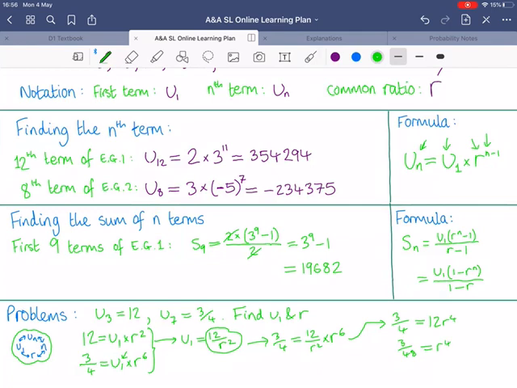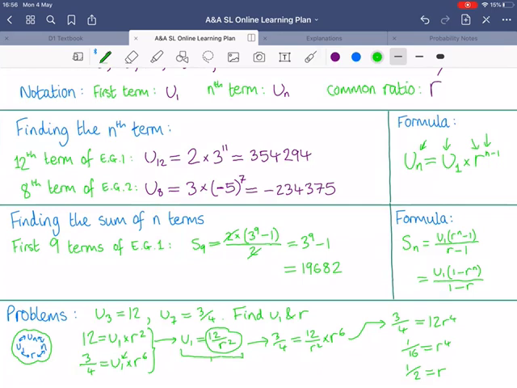I will divide by 12, and I can simplify 3 over 48 to 1/16. Now I need the 4th root of 1/16. You might know that 2 to the power of 4 is 16, so the 4th root of 1/16 is 1/2. So r is simply 1/2.